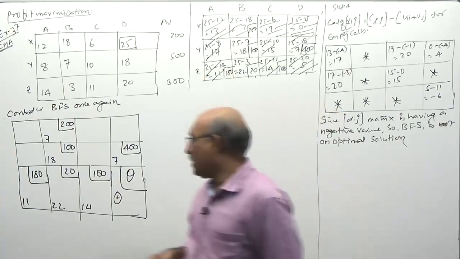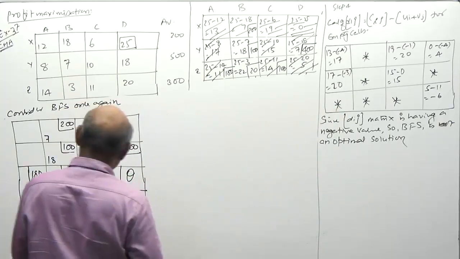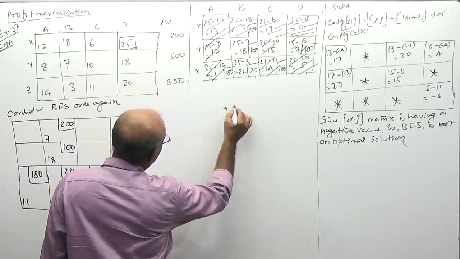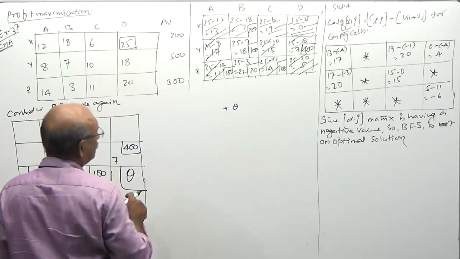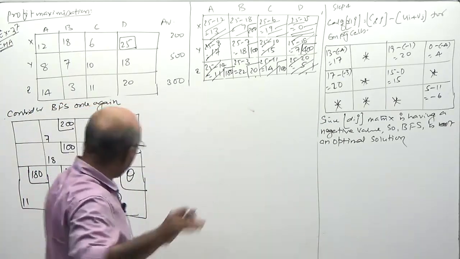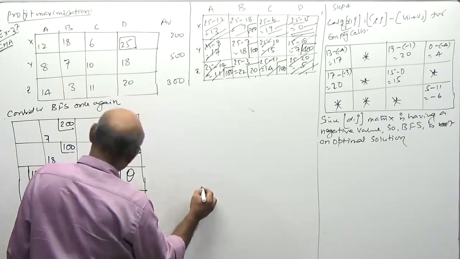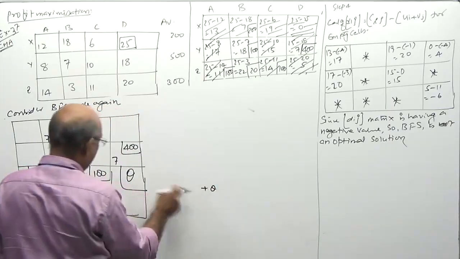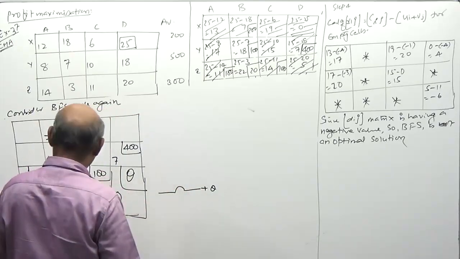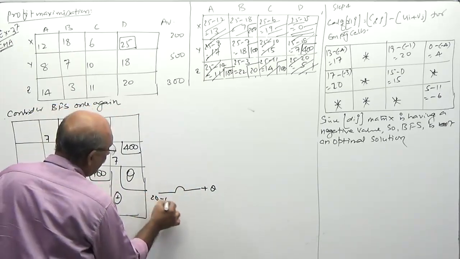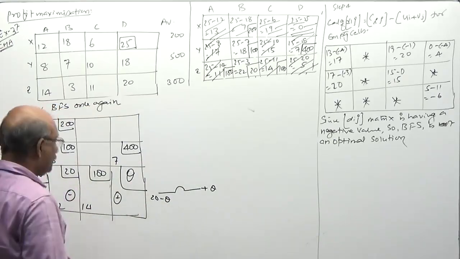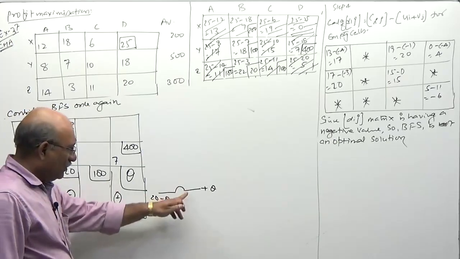Look at this, how I am moving. Theta, here plus sign. From this I am moving horizontally. This is 20 minus theta. Immediately minus I am placing here. What is this symbol, sir?